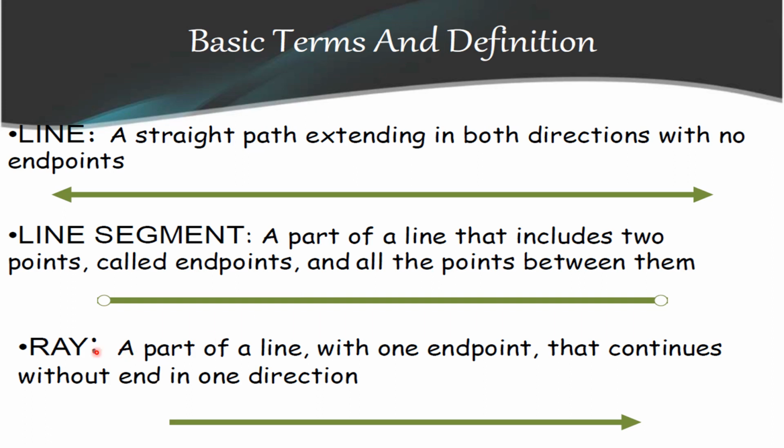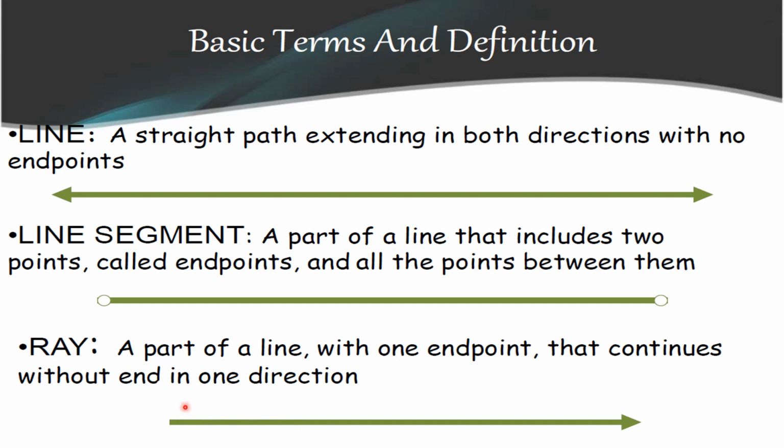Right. Now come to a ray. What is meant by a ray? A part of a line with one endpoint that continues without end in one direction. Observe this figure, my children. You know rays, X-rays. From a torch, light rays come.